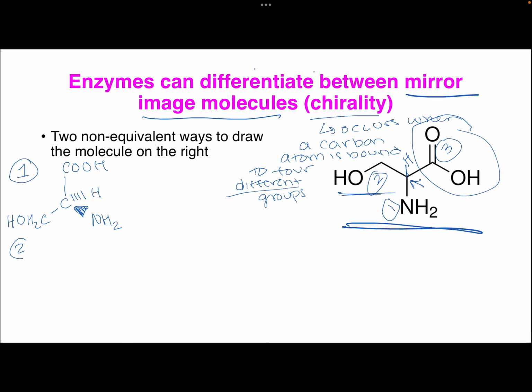We can also draw this like this. So everything's going to stay the same, except we're going to put the hydrogen coming out of the page and our NH2 going into the page. All right? And so these are not the same molecule. They do not overlay.